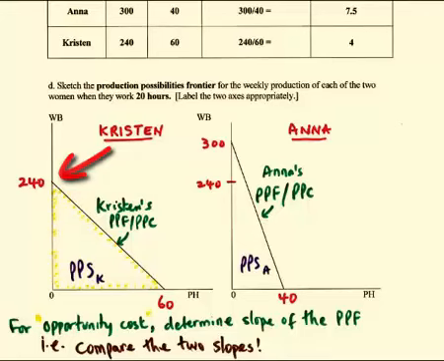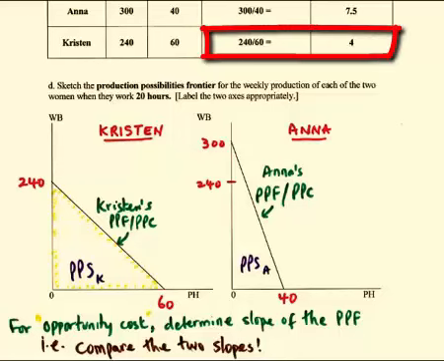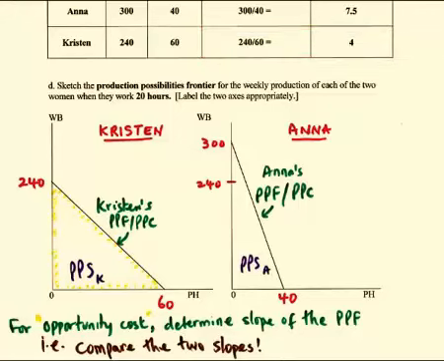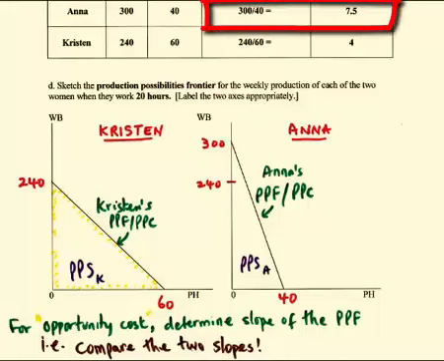So for each potholder that Kristen will produce, she has to give up the possibility of producing 4 wristbands. So the opportunity cost of one potholder for Kristen is 4 wristbands. The opportunity cost of one potholder for Anna is 7.5 wristbands.